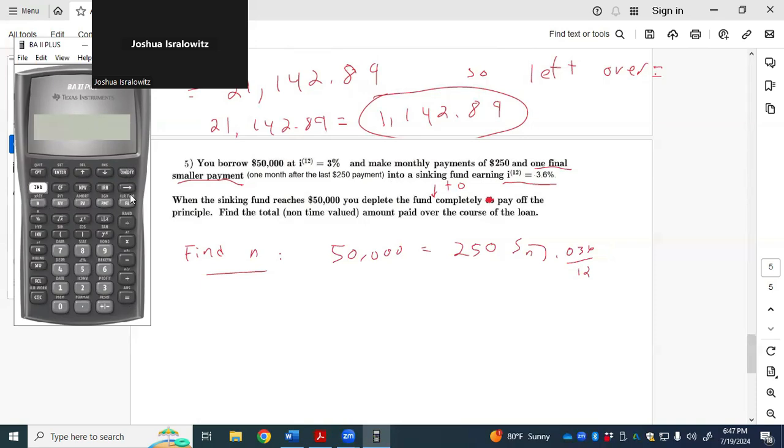I'm not sure what I did wrong there. It's been a long day. So let's just re-input stuff. Have the calculator on, that would help. 250 N, 0.3 interest. Did I really do that? Yes, I did.